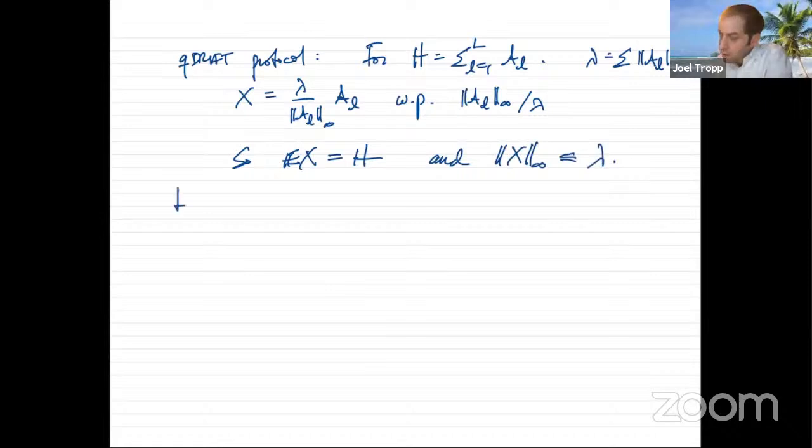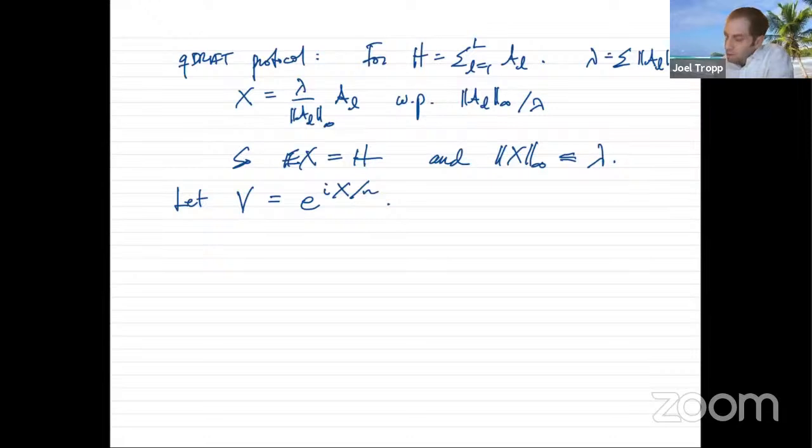Okay. Now, the idea is that we're going to construct random unitaries by taking this random matrix X and dividing it by n. Okay, so this is always a unitary matrix.